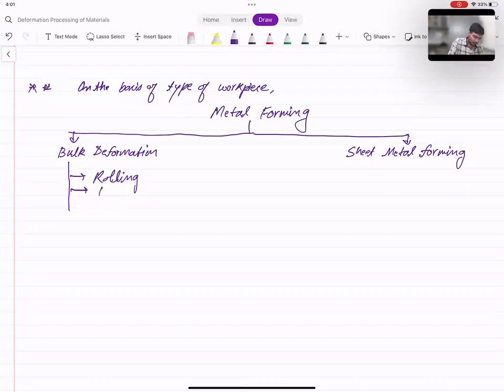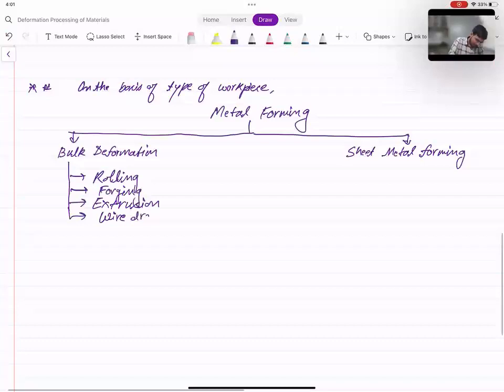So rolling, forging, extrusion, wire drawing. These are types of bulk deformation processes. And sheet metal forming can be classified as bending.